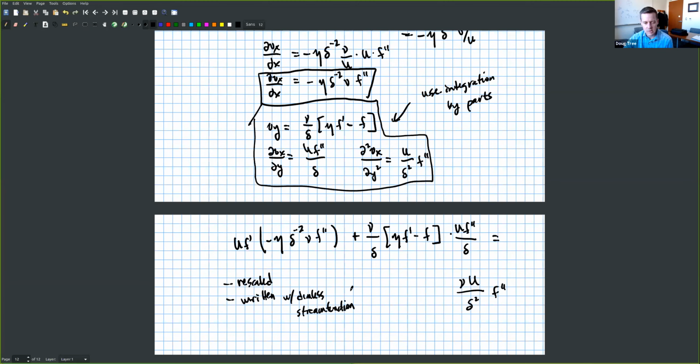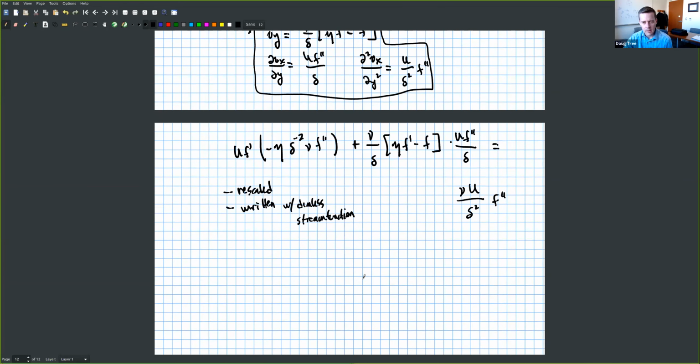Okay, so let's see what simplifies. We can notice, let's see, what cancels here? Some stuff, okay. Look at this here. This term right here is minus eta u divided by delta squared. I also have a nu there, and it has f prime, f double prime, right?